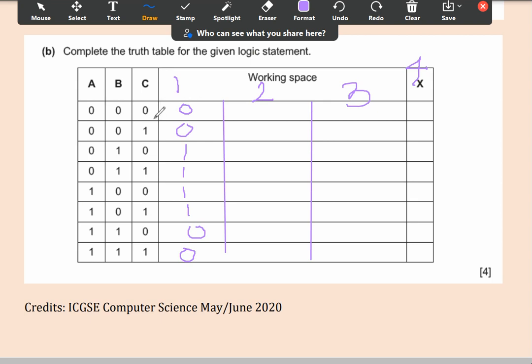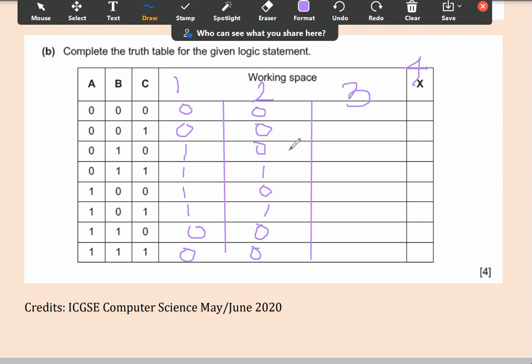So the product of this is 0. This is also 0. Another 0. Another. This is now 1. This is 0. This is 1. This is 0. And this is also 0.